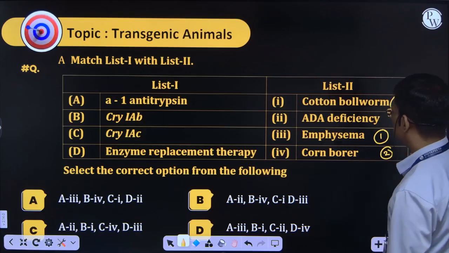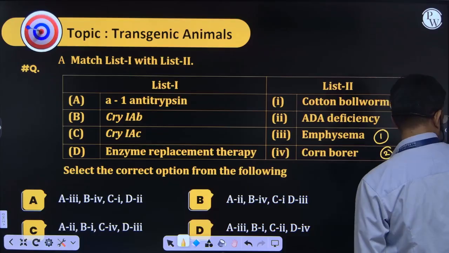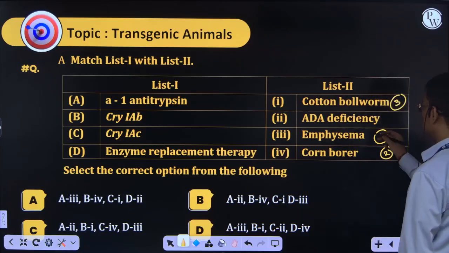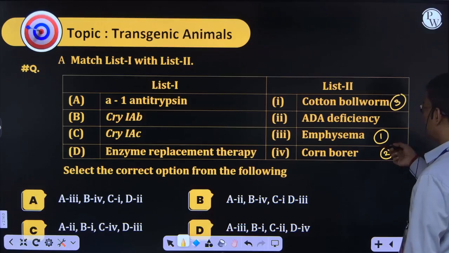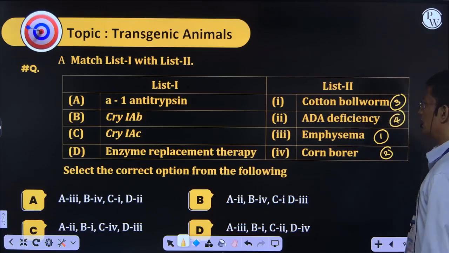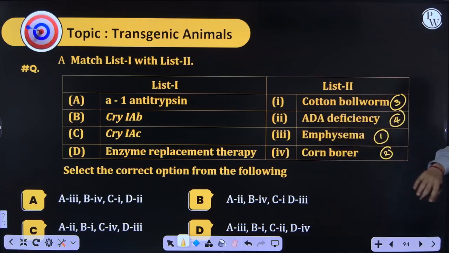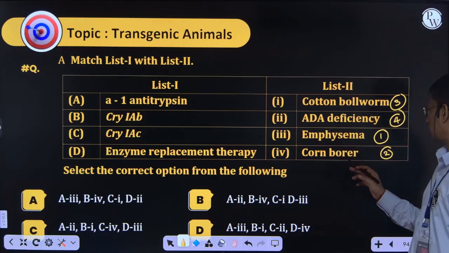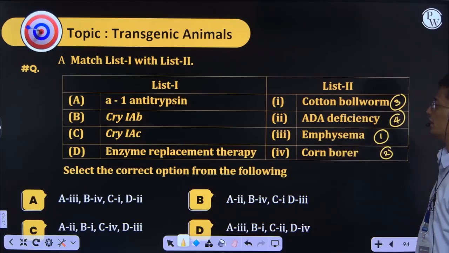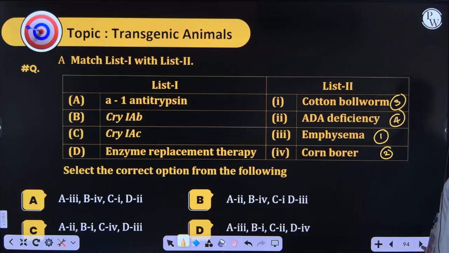Enzyme replacement therapy: enzymes are provided from an external source, as in ADA deficiency treatment, but it is not a permanent cure. Alpha 1 antitrypsin, emphysema; Cry1Ab, corn borer; Cry1Ac, cotton bollworm.